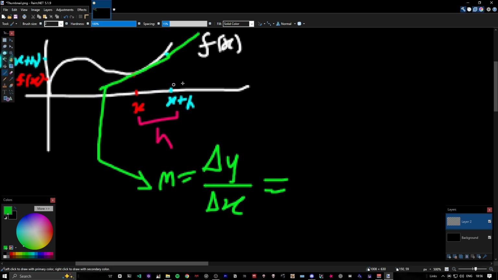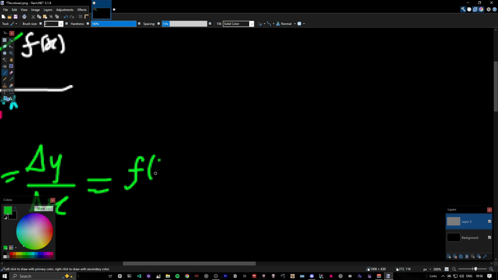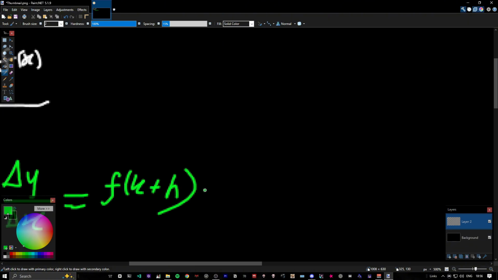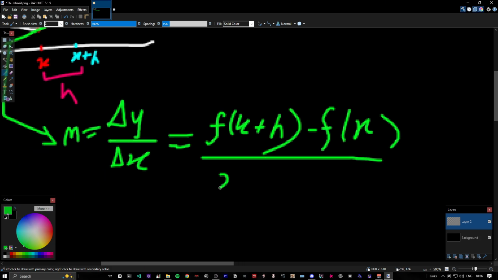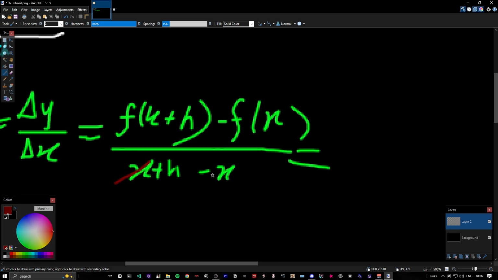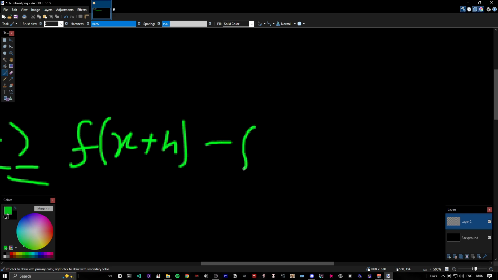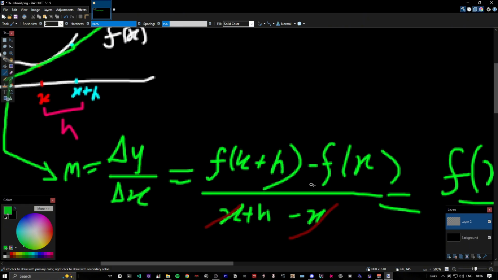So if we were to just simplify this, delta y over delta x, we would get f of x plus h from the y coordinate here, minus f of x, over x plus h minus x, which can be simplified down to f of x plus h minus f of x over h. Now it's an approximation for our gradient.